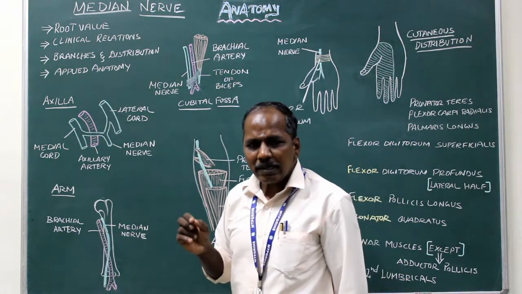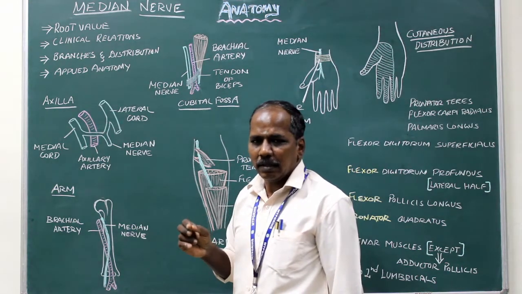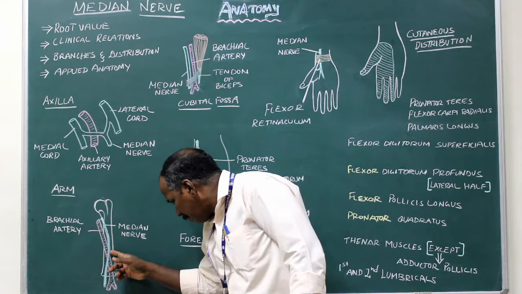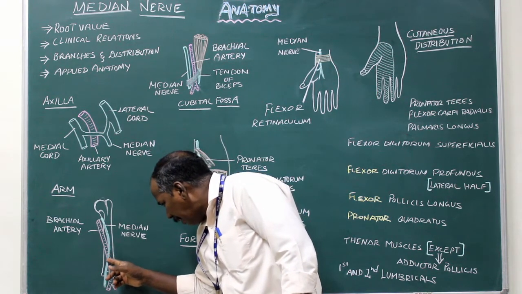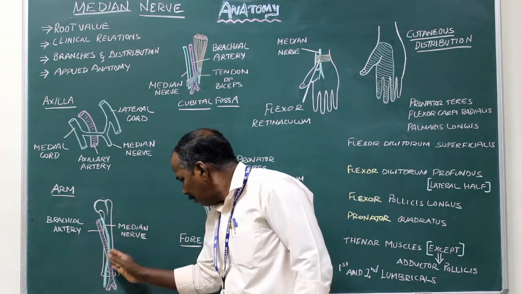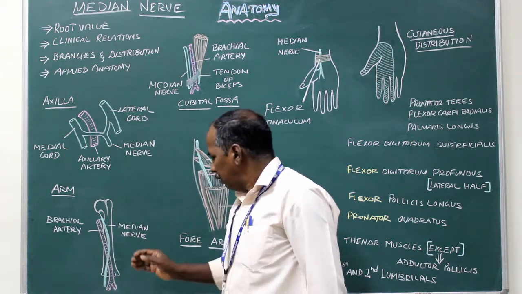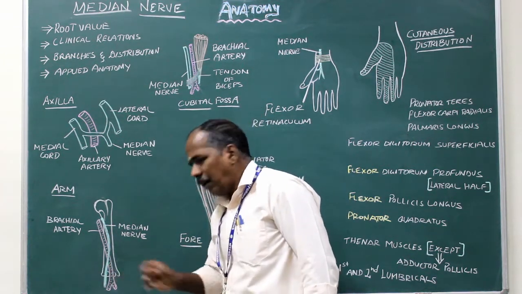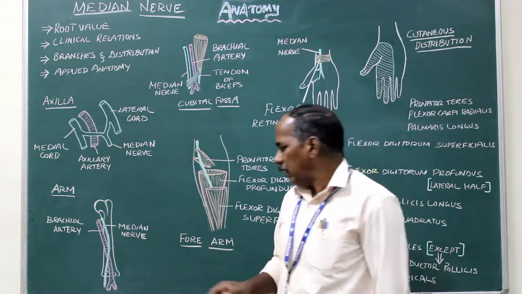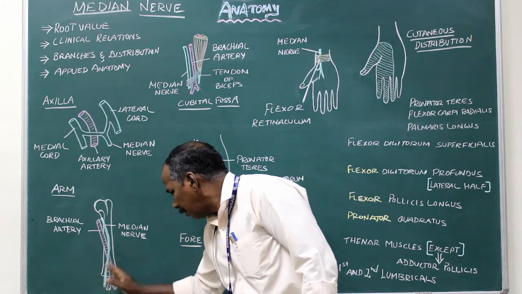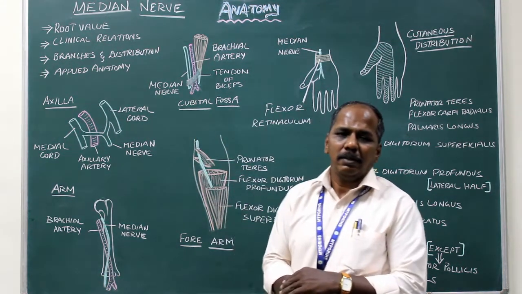At the insertion of coracobrachialis, or middle of the arm, it crosses the brachial artery anteriorly from lateral to medial. Lower part of the arm, it descends on the medial side of the brachial artery.